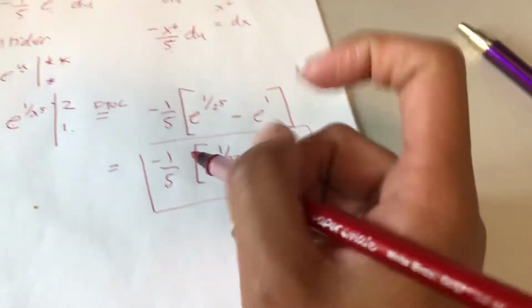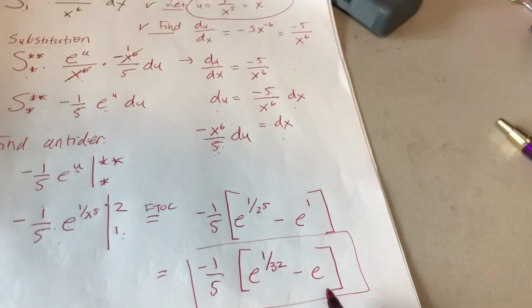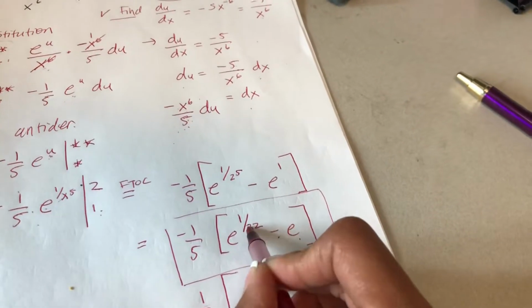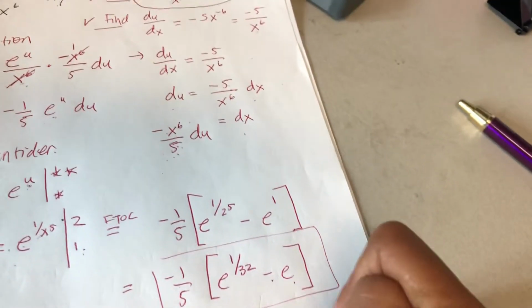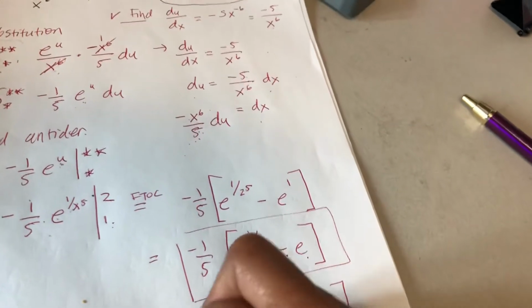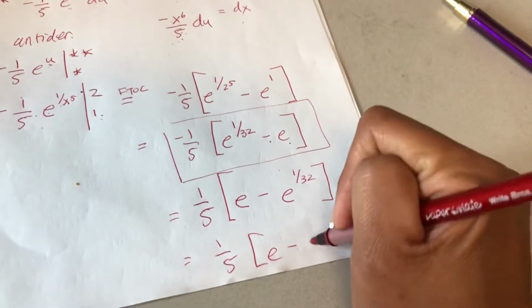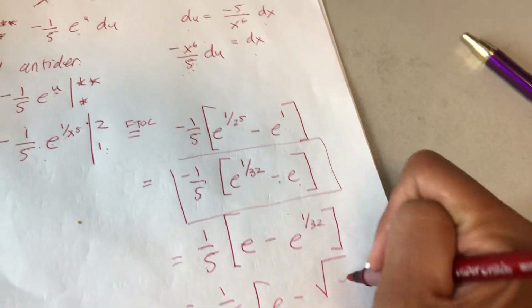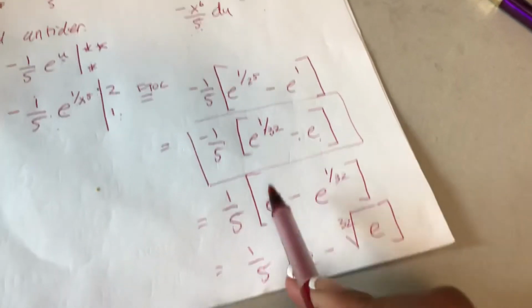If I change this negative 1/5 to positive 1/5, then I basically just change this negative e to a positive e, and e to the 1 over 32 to a negative e to the 1 over 32. If you want to make it look exactly like WebAssign, it'll be 1/5 e minus the 32nd root of e. Same difference, but I would accept this form, or this form.